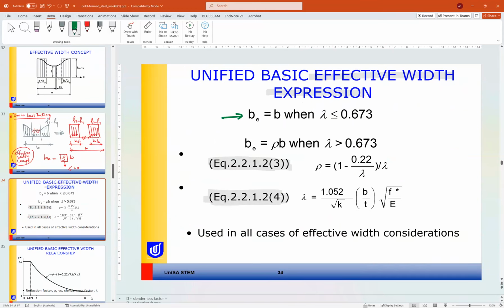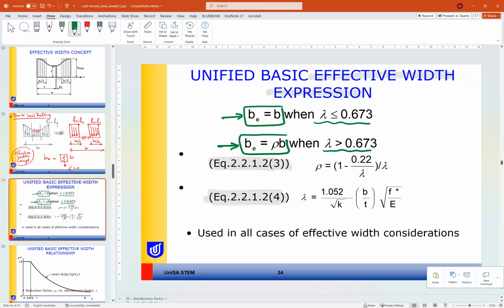B effective equals B if the slenderness ratio lambda is less than 0.673, and B effective equals rho B when lambda is more than 0.673. This means in the first case rho equals 1.